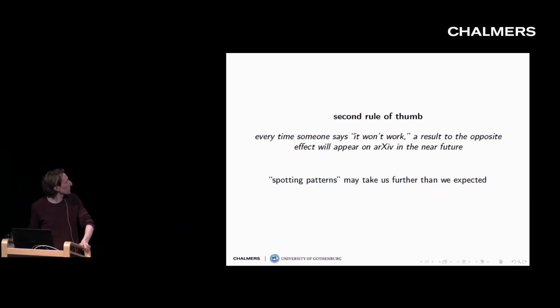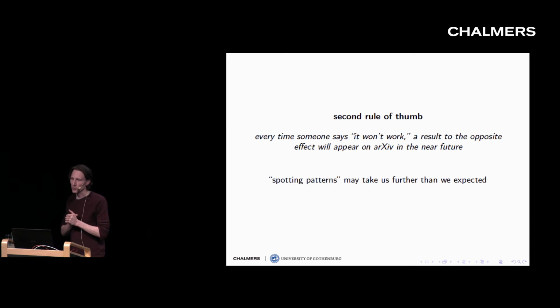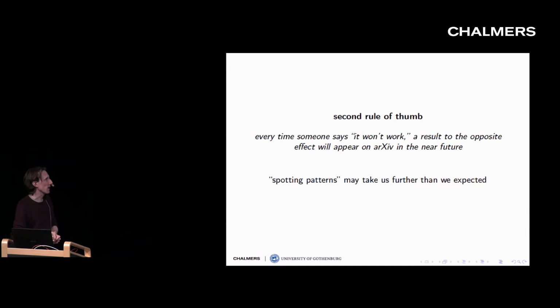But the second observation that I can make is that we are sometimes surprised by the stuff that is actually possible to solve, even though old people like me don't expect it to be solvable.